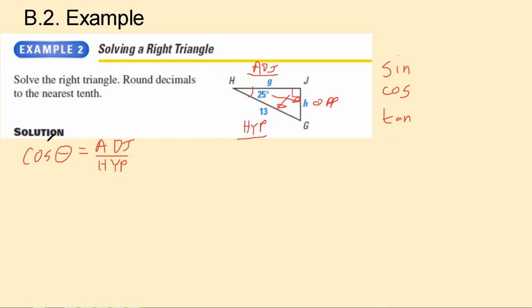For us, that's cosine. If we plug in our values, we have that our angle is 25 degrees, the adjacent side is G, and the hypotenuse is 13.